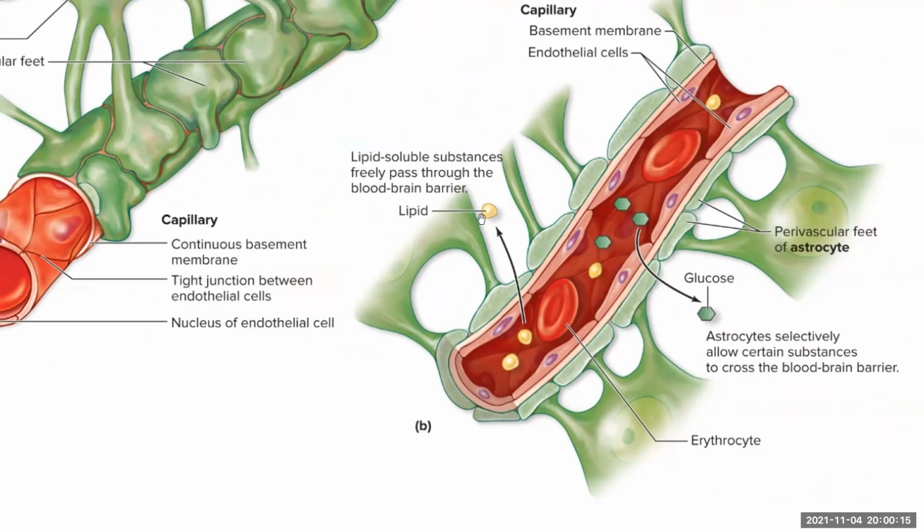Those lipid soluble substances, no problems. Glucose is another substance. Alcohol, unfortunately, is another substance that can diffuse through. But certain things like viruses and bacteria are much more difficult. It's to prevent certain pathogens and other harmful substances, certain poisons and whatnot, from actually getting into your nervous tissue there.